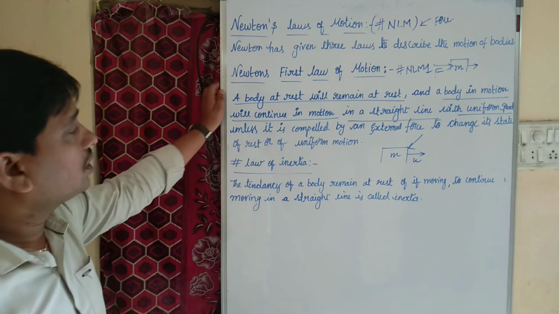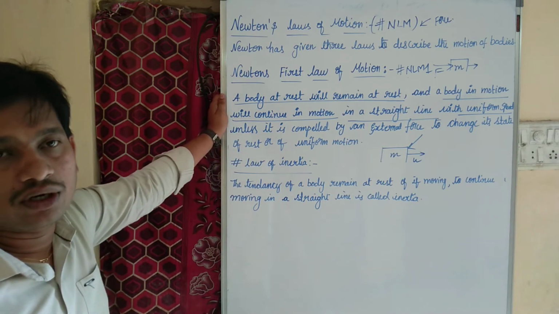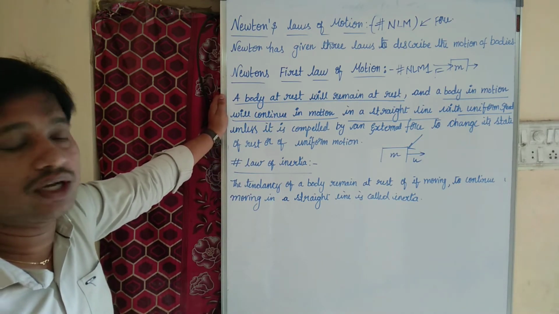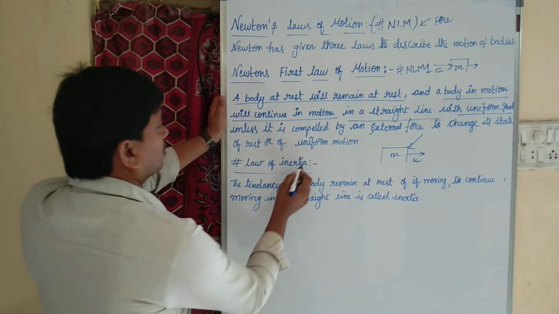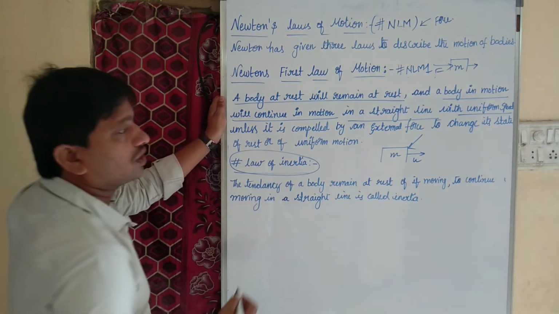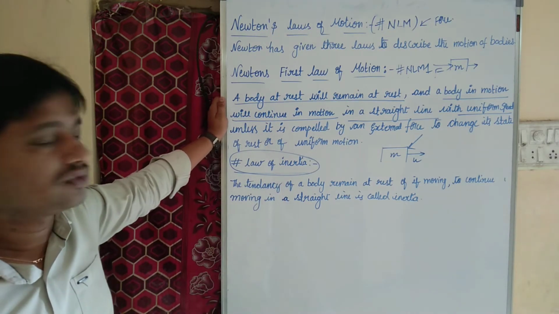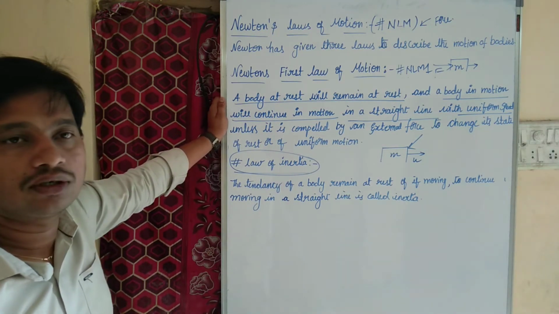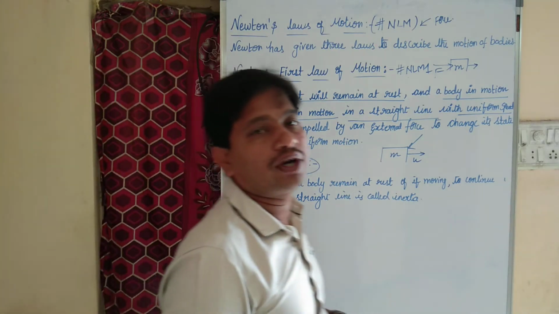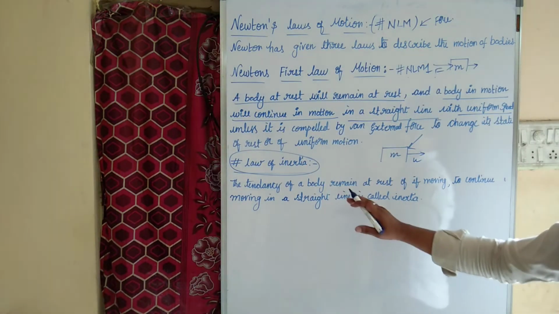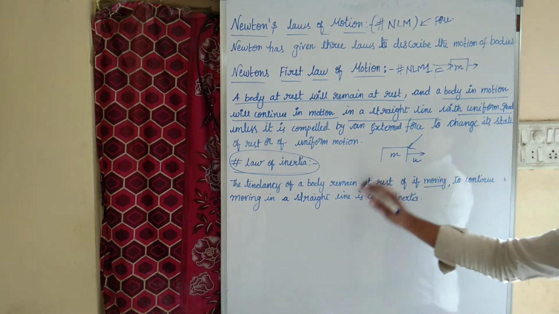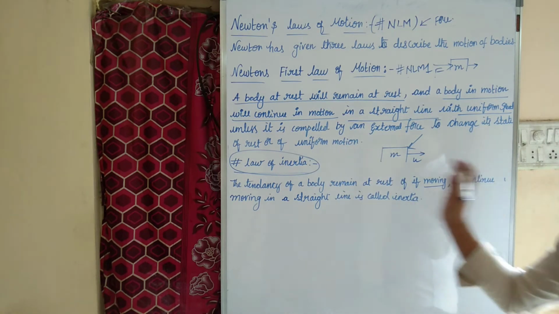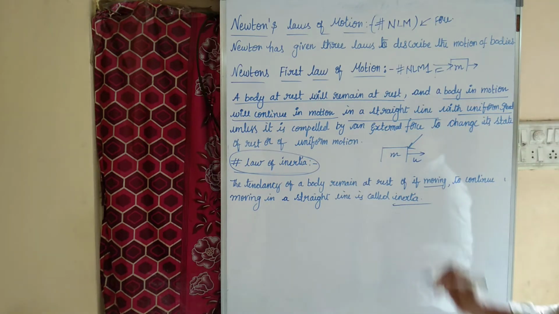So that is our first law of motion. Newton's first law of motion, we can also call it the law of inertia. Why do we call it the law of inertia? The tendency of a body to remain at rest if it is at rest, or if it is moving to continue moving in a straight line, is called inertia.